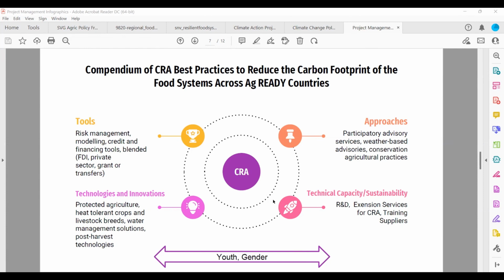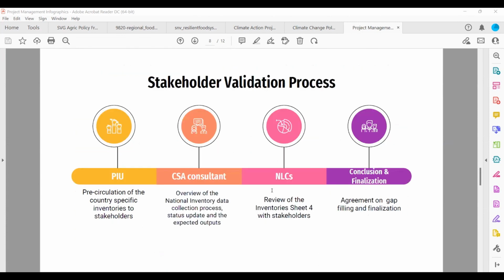And of course, youth and gender focus, these are cross-cutting themes that should be included in those projects and programs. The PIU, which is pre-circulation of the country-specific inventory. So those should have gone out already, and stakeholders should have seen them for the individual countries.